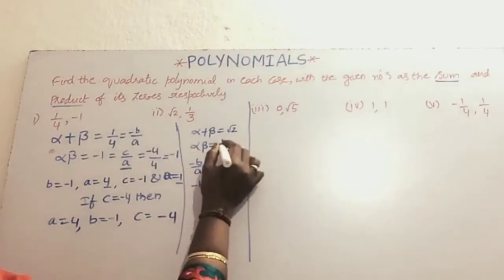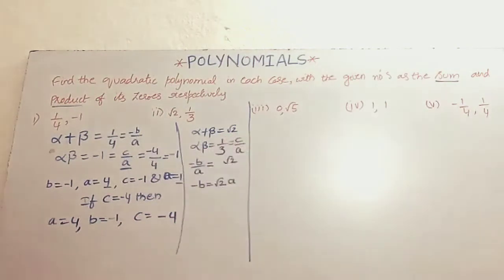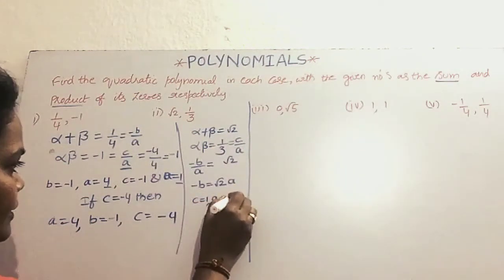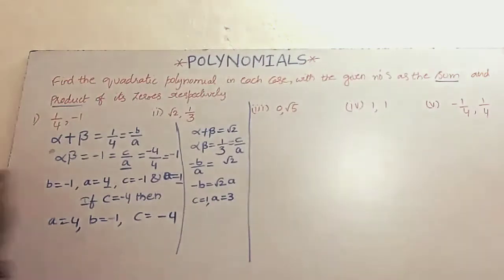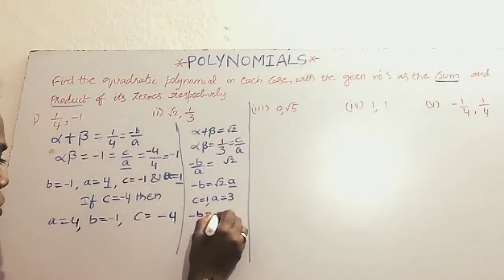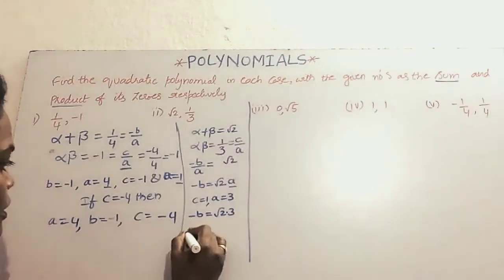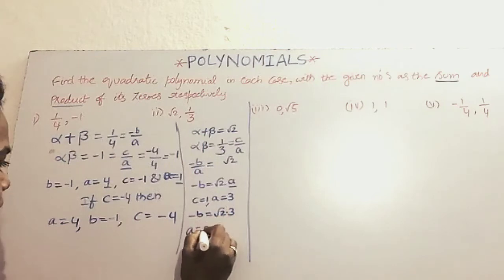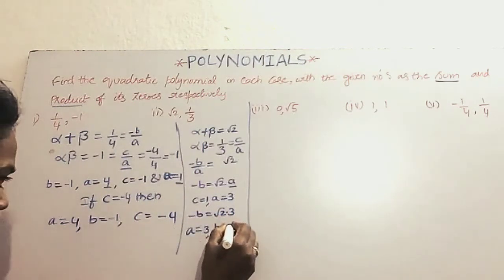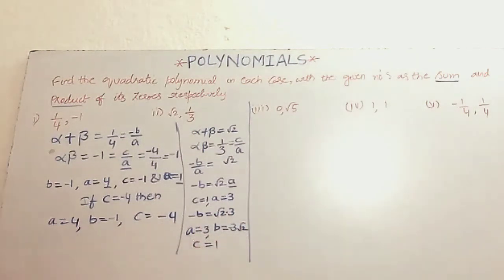And alpha beta is equal to 1 by 3, that means c by a. In this we have c is equal to 1 and a is equal to 3. So substitute the a value, then b is equal to root 2 into 3, that means 3 root 2. So a is equal to 3, b is equal to minus 3 root 2 and c is equal to 1.